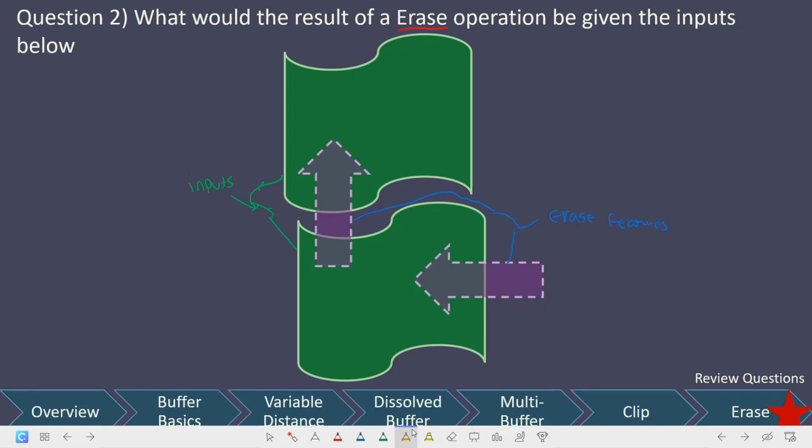Okay, well, just like before, with erase, we remove any geometry that is overlapping. So we would retain the vast majority of this. It would come around this tip of the arrow here, and it would do something kind of like that. And then here, we would cut around the butt of this arrow here.